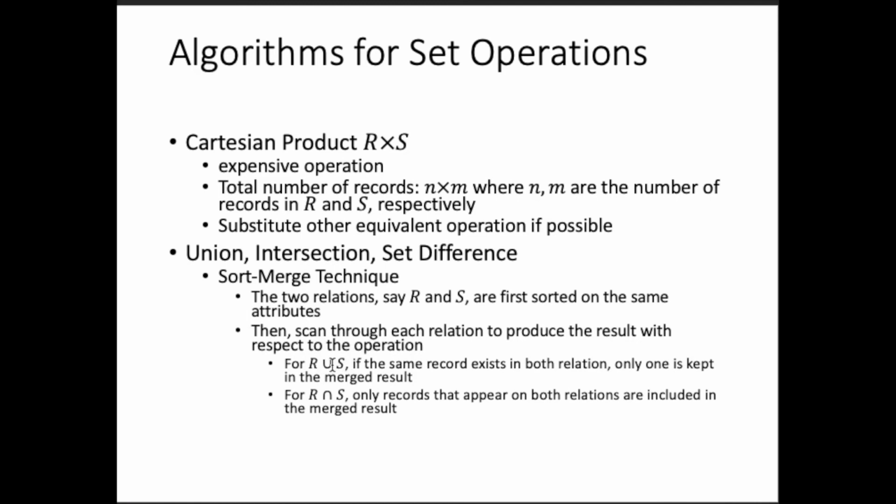If it's the union, then if the same records exist in both relations, only one is kept in the merged result. So if intersection naman, only records that appear on both relations are included in the merge result. So you can imagine how the set difference is applied and how the sort merge technique is modified for the set difference.